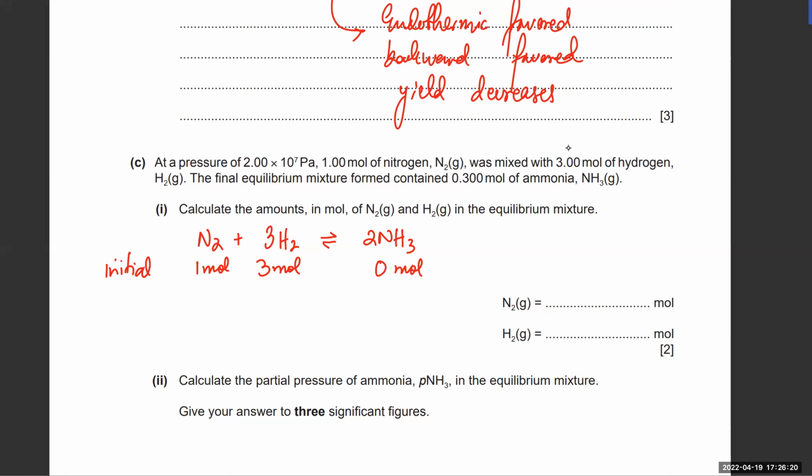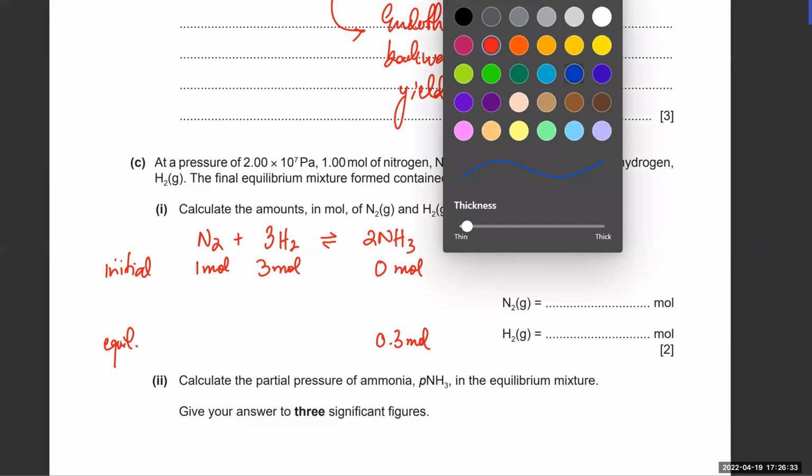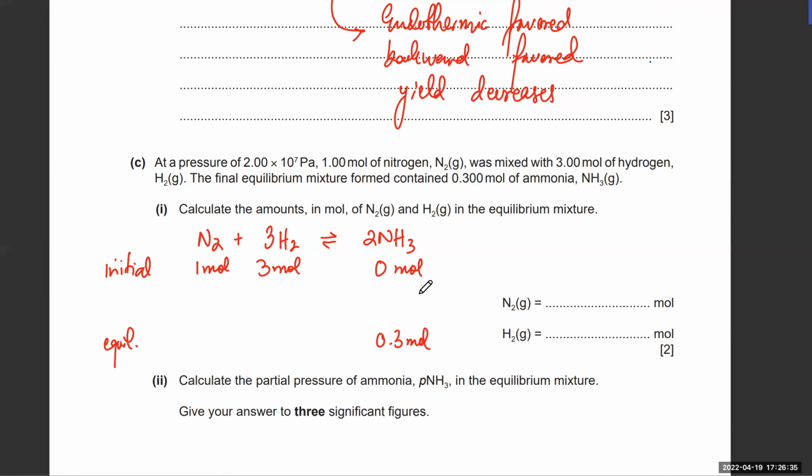And then at equilibrium, they say that there's 0.3 moles of NH3 present. So you have to find the moles of the other substances. So if you have 0 moles initially, and now you've got 0.3, so how much NH3 has been produced in the reaction? That's going to be 0.3, right?